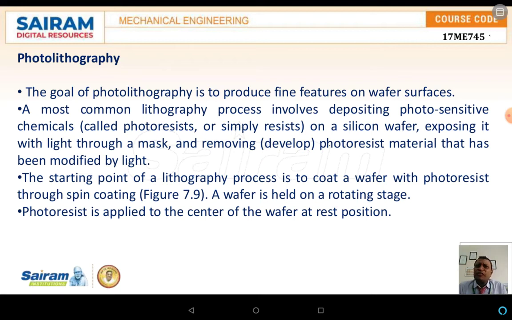The starting point of the photolithographic process is to coat a wafer with a photoresist through spin coating. A wafer is held in a rotating state. The photoresist is applied to the center and the wafer is at rest in position.